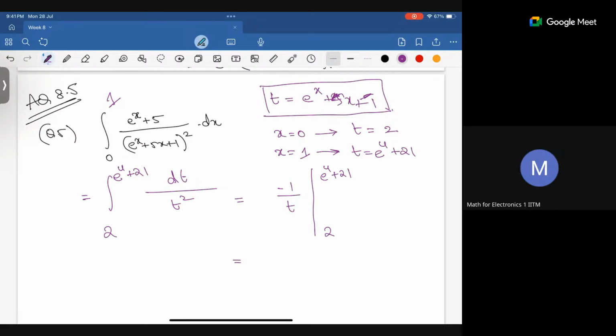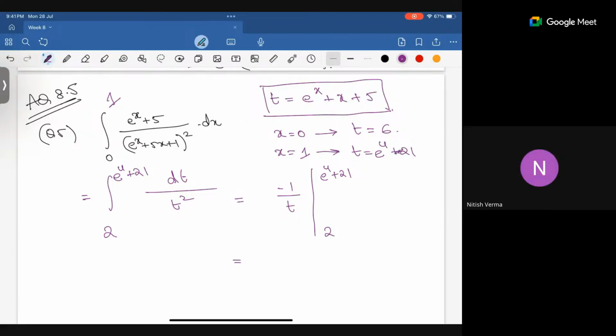Okay, if it is 1, what will happen? Again, here also it should be something like e^x + 5. So we are doing reverse engineering now.